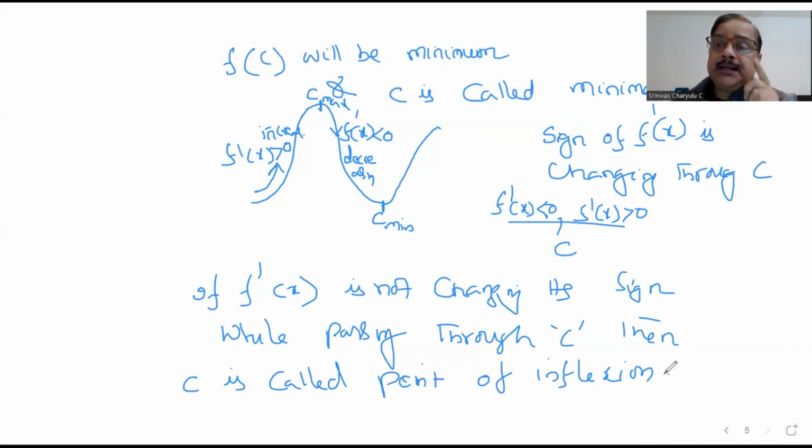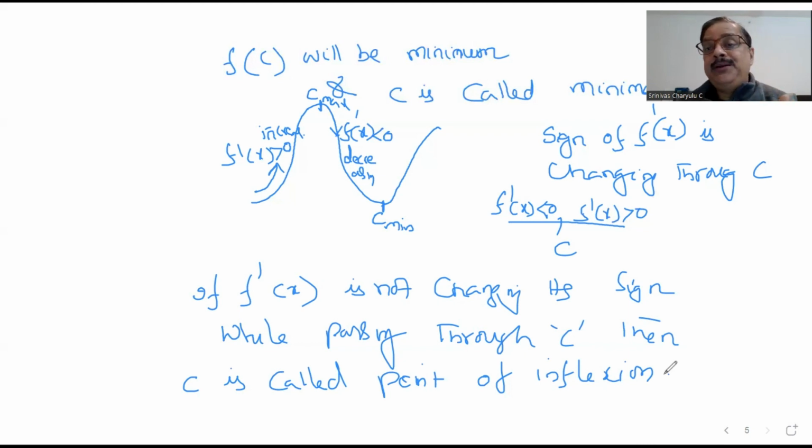If the sign of f dash x is not changing even after crossing this so-called critical point c, then the point c is called point of inflection. So f dash x will remain the same sign. If it is greater than 0, even after crossing c it will remain greater than 0. If you are crossing through minimum, even after crossing, f dash x will become less than 0. Crossing the c also, f dash x less than 0.